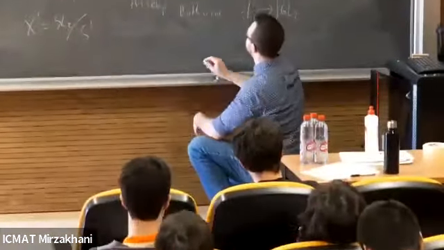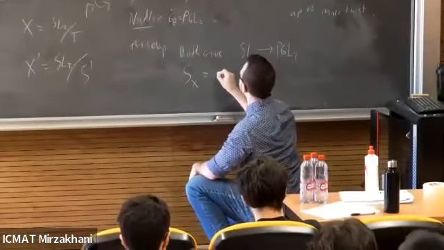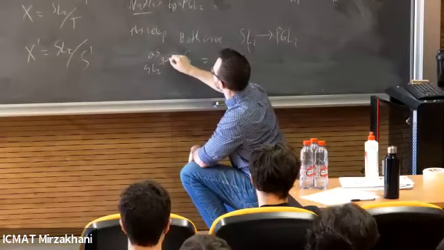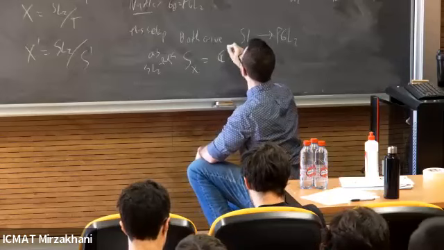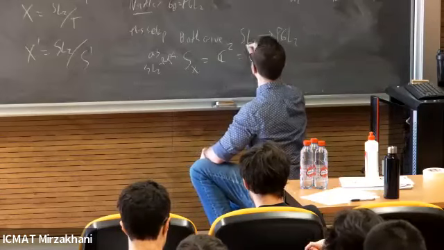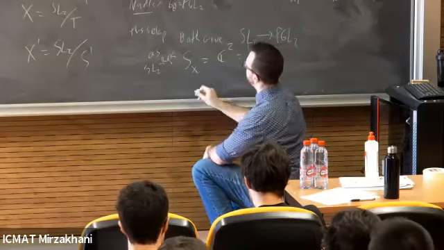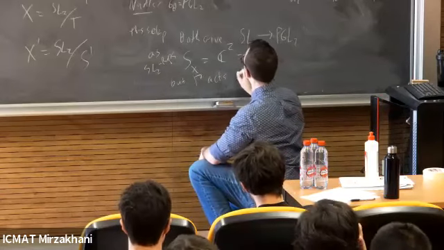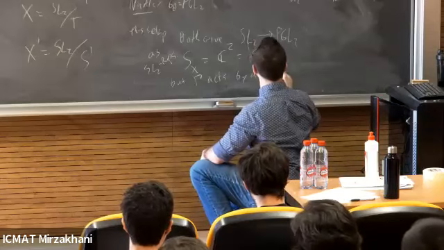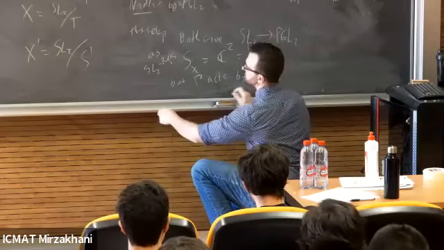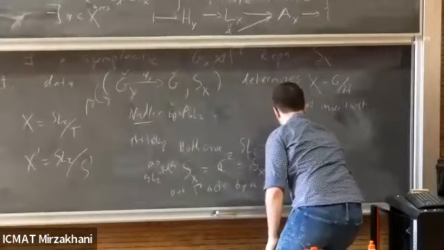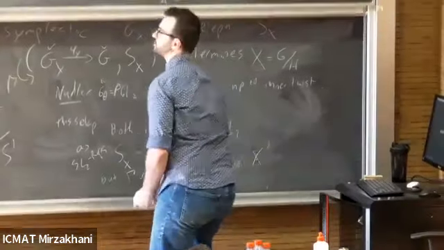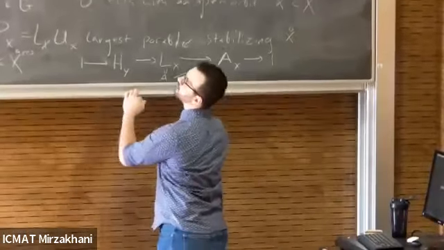So in this case, SX as SL2 reps, they're both just the standard representation, but Galois acts by a sign for the non-split torus, or X prime, but it acts trivially for the other variety.